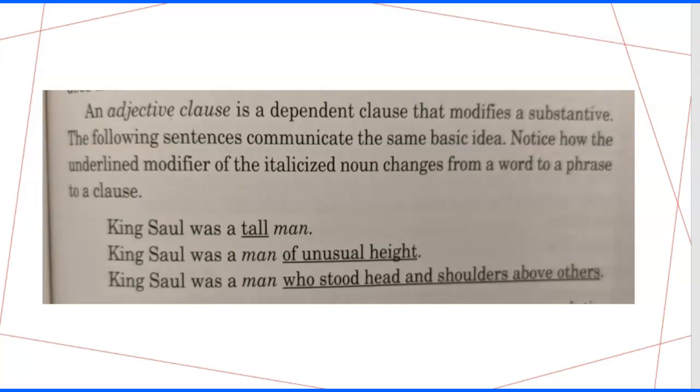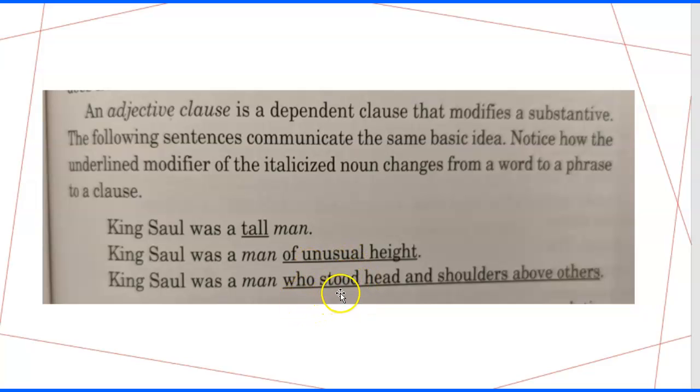Then King Saul was a man who stood head and shoulders above others. Now, here is where we have shifted from a phrase up here down to a clause right here. The who, which clause introduced by the relative pronoun. You guys should be familiar with these. Here's our subject, who. What did he do? Stood.